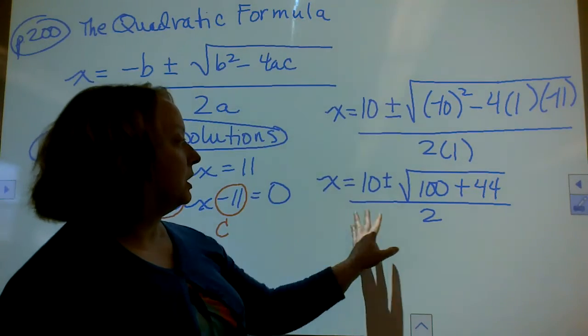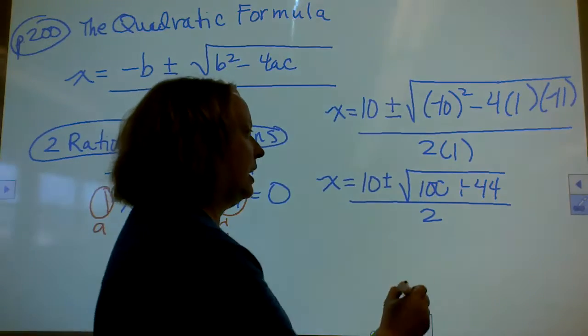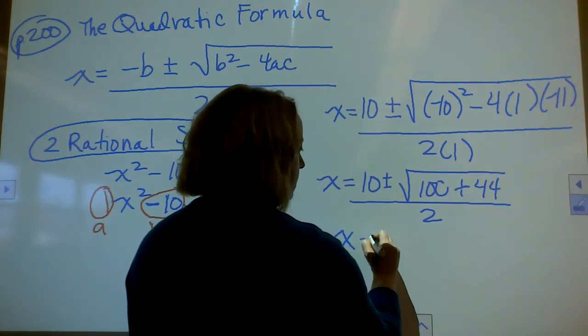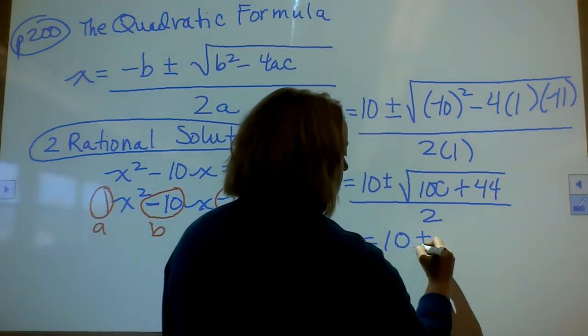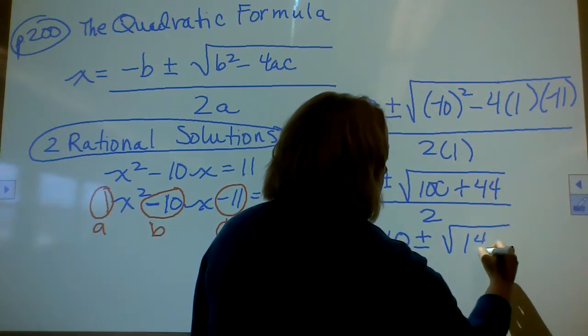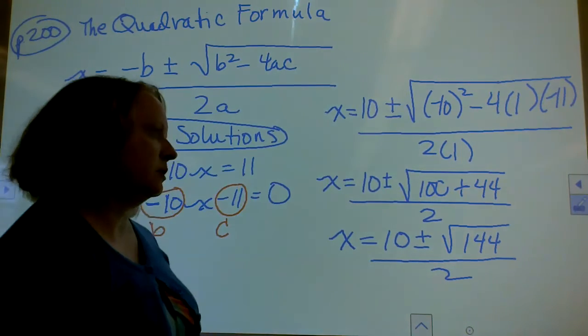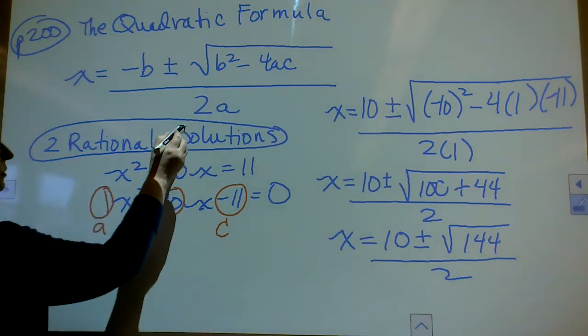Then we work that out. It comes out to be the square root of 144, all over 2. Well, that comes out to be a 12.